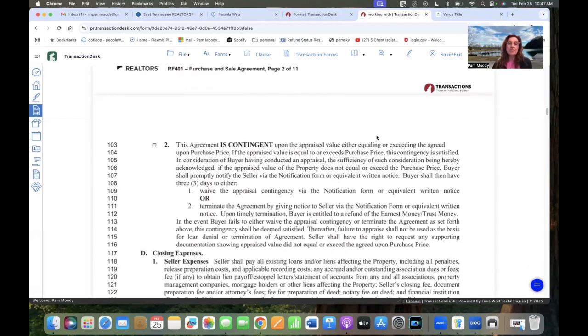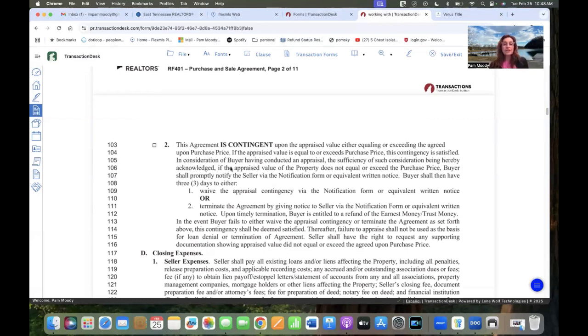Is contingent upon the appraisal value, either equaling or exceeding the agreed upon purchase price. And the buyer pays for the appraisal because this is your appraisal and it's your person coming in. So let's read this. If the appraised value is equal to or exceeds the purchase price, this contingency is satisfied.